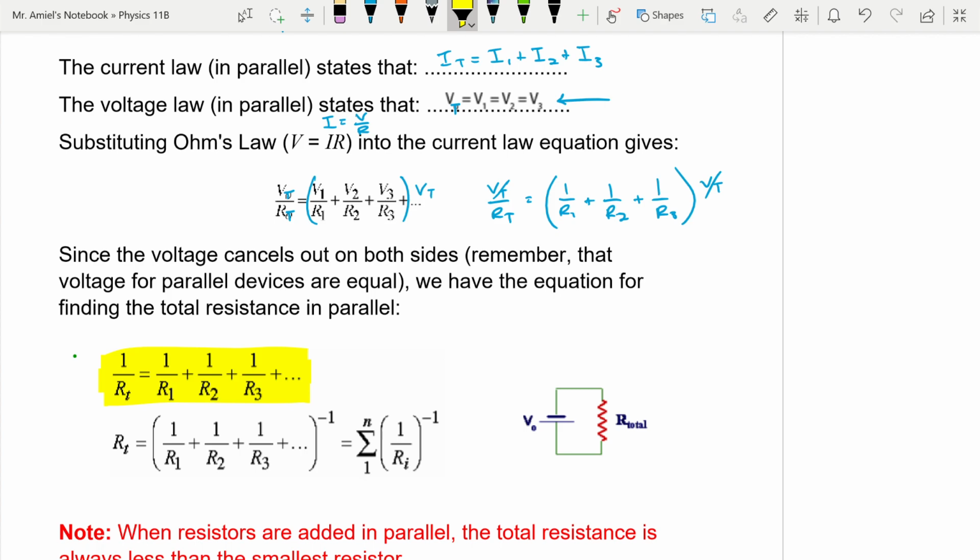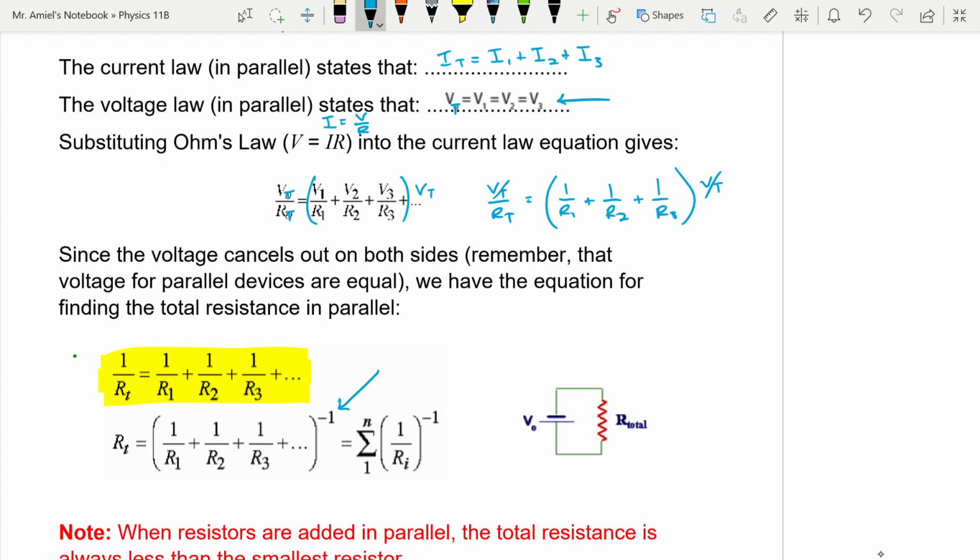Okay, and the way we're going to plug this in to your calculator, because this is going to be tricky, you're going to have to do some algebra after you figure this out, or you can use this notation here where you can just raise this part to the power of -1, and I'll let you convince yourself that that actually works. If we raise both sides to the power of -1, we get rid of the 1 over RT on that side.